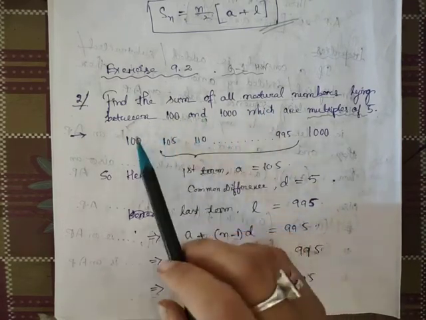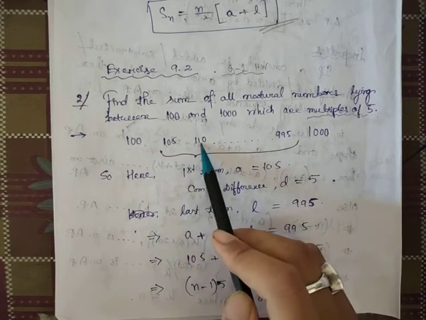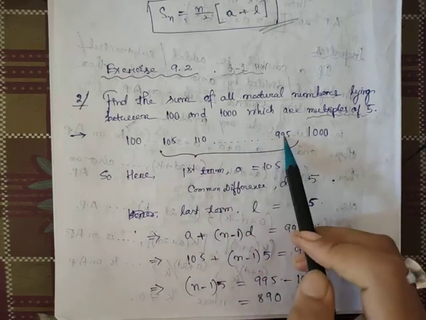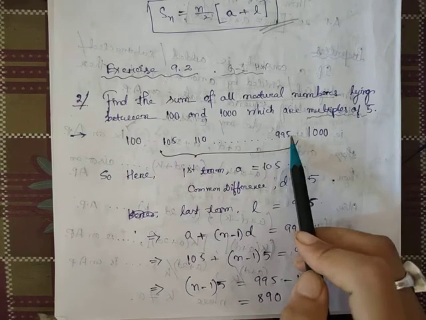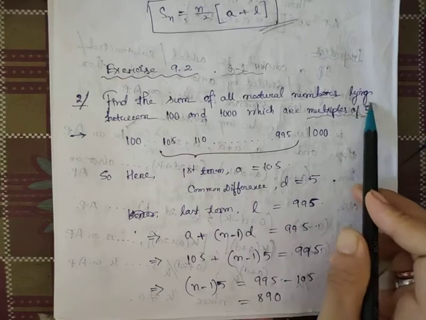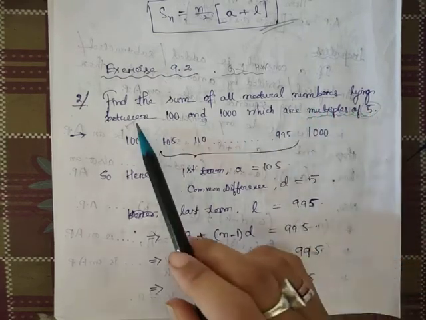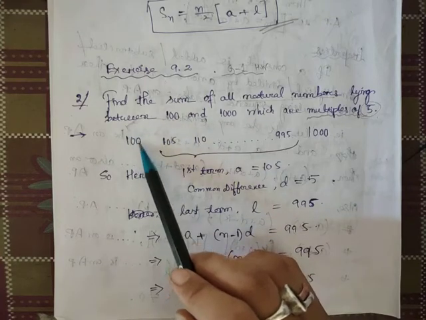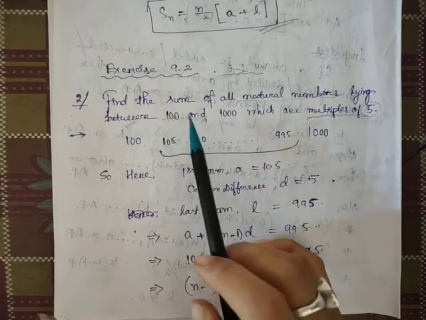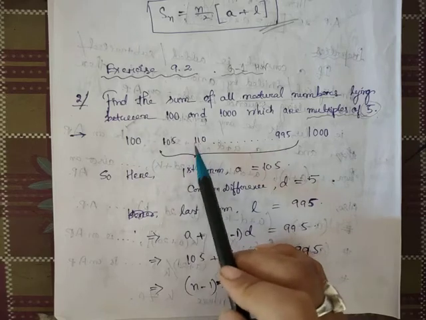So 100, then 105, 110, 120 are multiples of 5, and it will continue up to 995. After that comes 1000. We are taking only those numbers which are multiples of 5. The question says between, so you cannot consider 100; between 100 and 1000, we have to consider the numbers 105, 110 up to what?